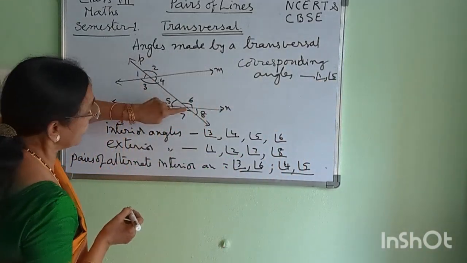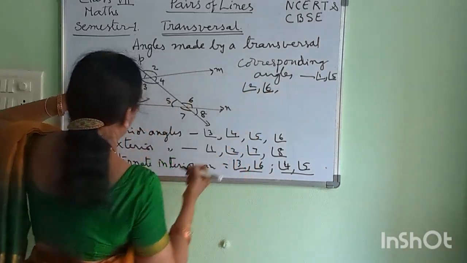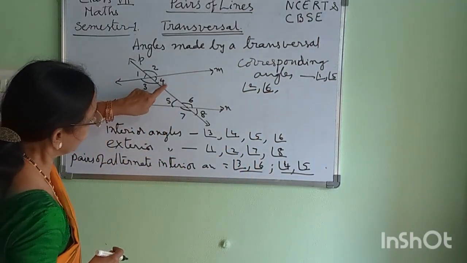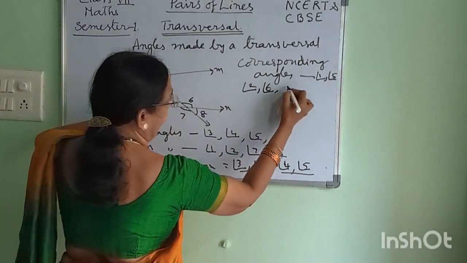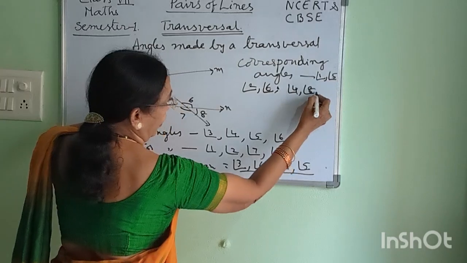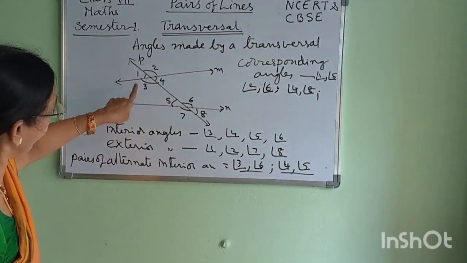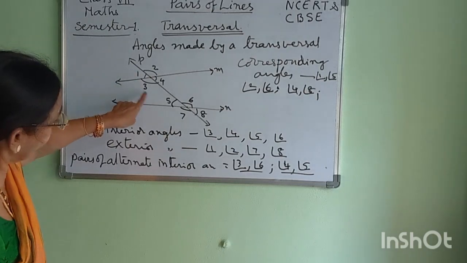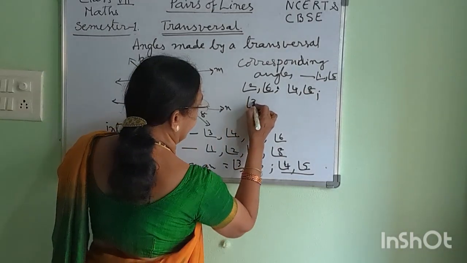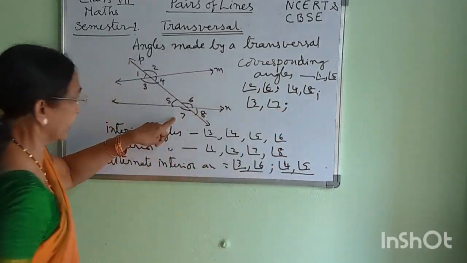Next 2 and 6 are another set of corresponding angles. Next angle 4 and angle 8 are one set of corresponding angles. Next angle 3 and angle 7 are another set of corresponding angles.